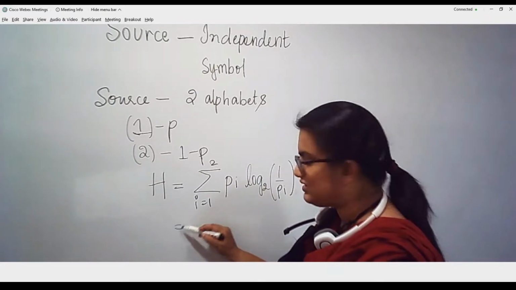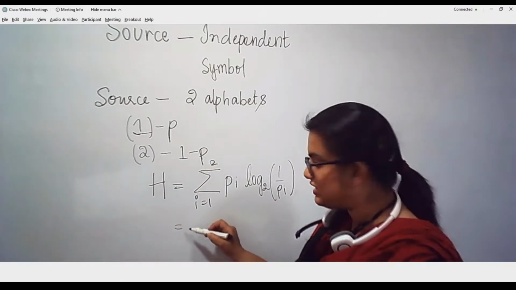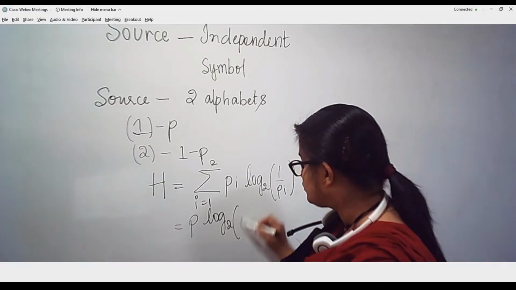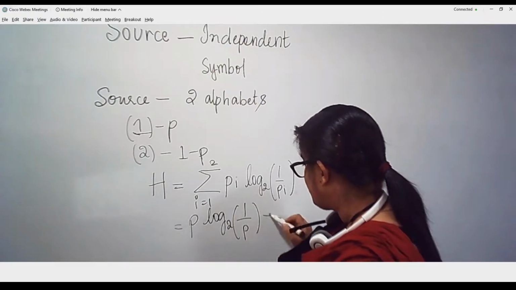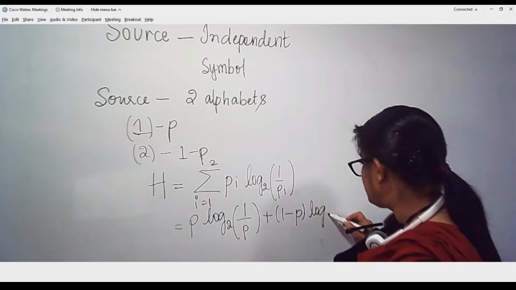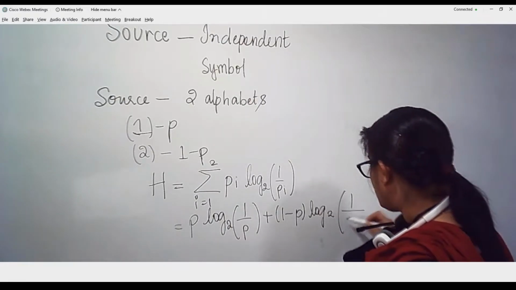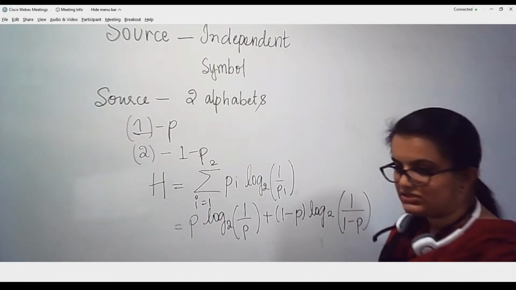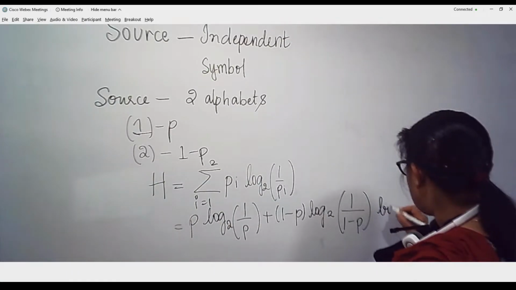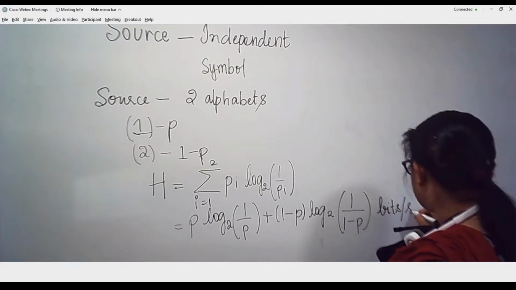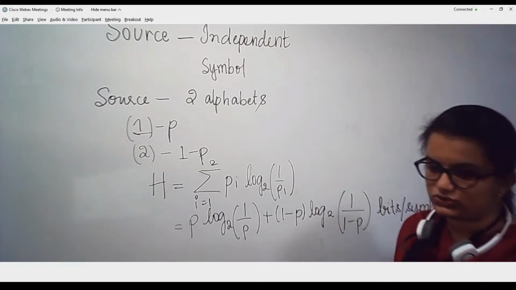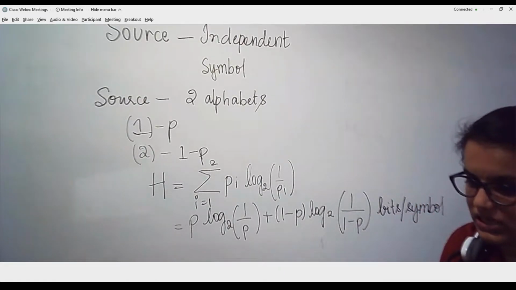So if I expand this by applying these probabilities, I would get P into log to base 2 of 1 by P plus 1 minus P into log to base 2 of 1 over 1 minus P. This will be the information content when I have only 2 alphabets generated from a discrete source. So this is the example.